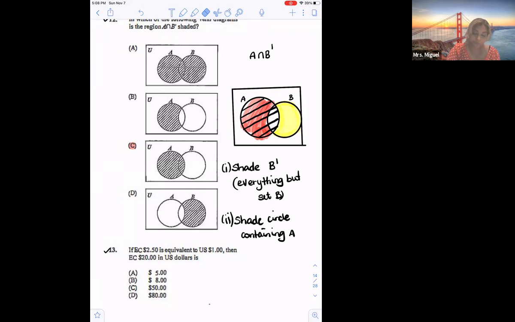Number 13, we did that one already. 2.5 EC is equal to 1 US. So 2.5 by 10 will give me 25 EC. So you multiply here by 10 and you will get 10 US. Any questions so far? Now, 2.5 by 8 to get 20.